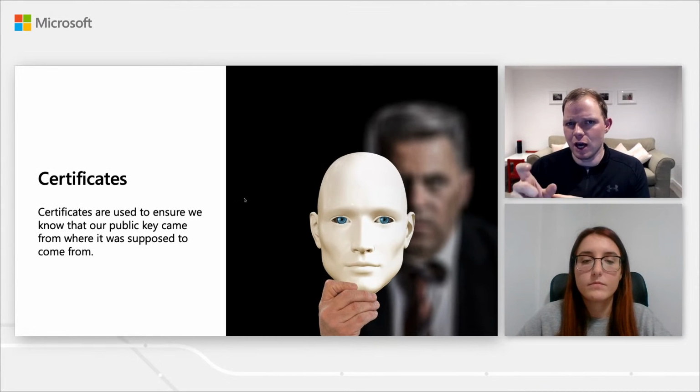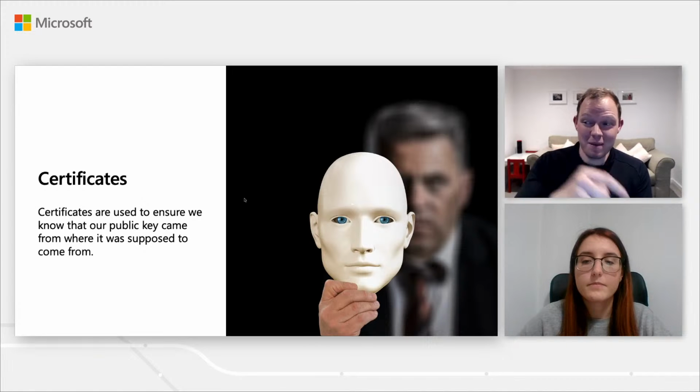So I said earlier that only the private key that's linked to the public key can decrypt it. And this comes into, we spoke about man in the middle. You asked earlier, Christina, about man in the middle attacks, right? Someone sends me a public key who I think was Christina.